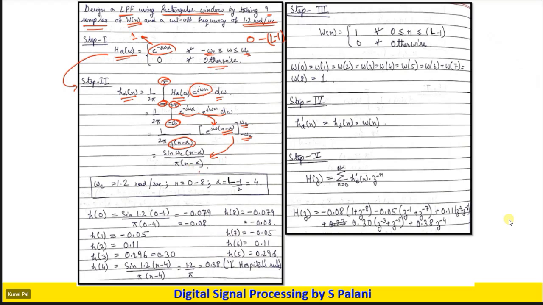Now, the interesting fact over here is, what is this alpha? Alpha is given by L minus 1 divided by 2. In this case, we have been told that we take 9 samples, which means it has a length of 9. So 9 minus 1, 8 divided by 2, is 4.